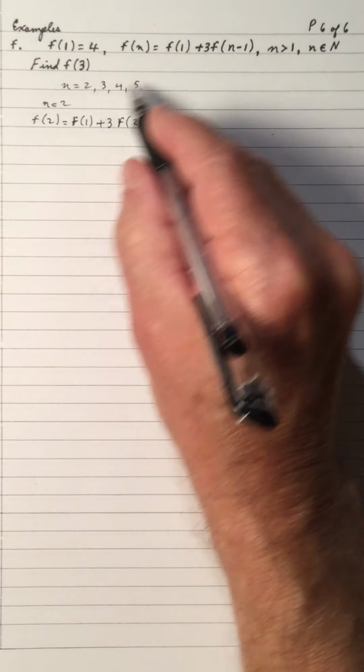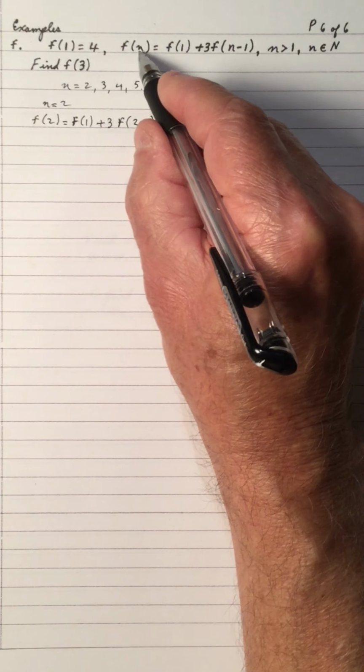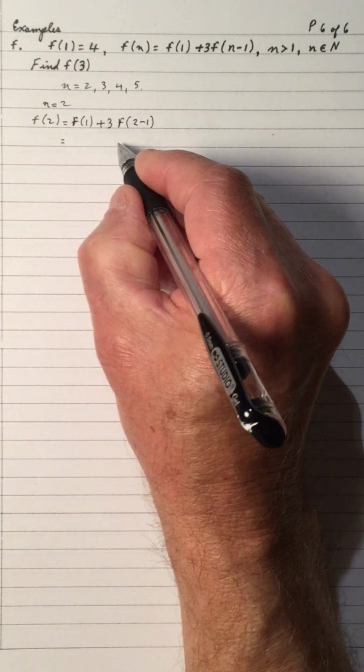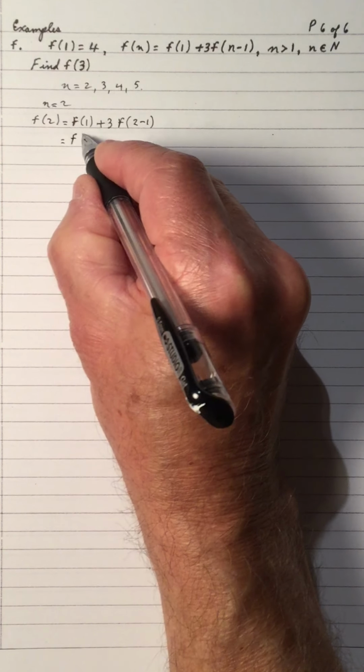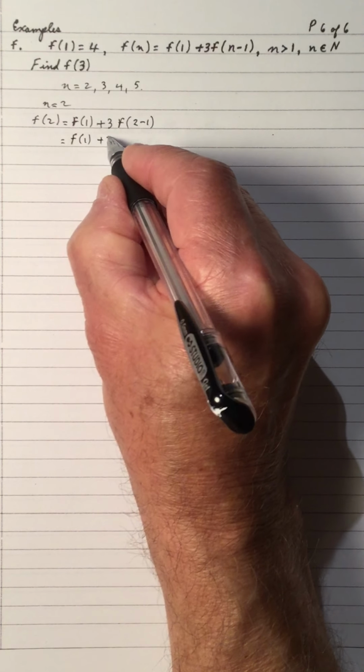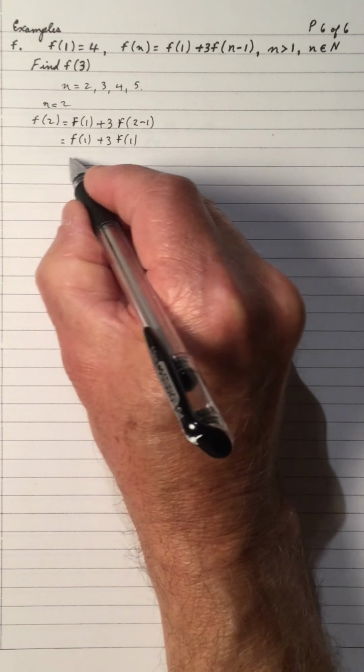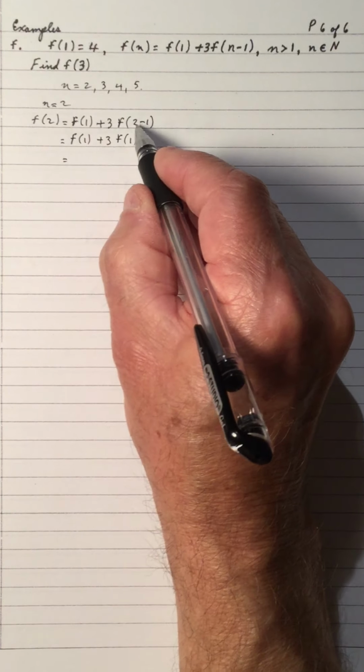So notice I'm doing n is 2, and I take my time and work it out. So this is the f of 1, and 3. I work out inside the brackets first, and that's a 1.